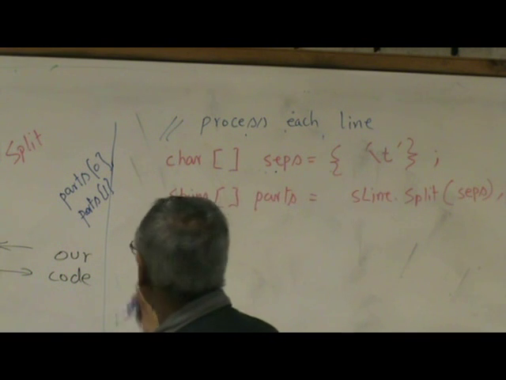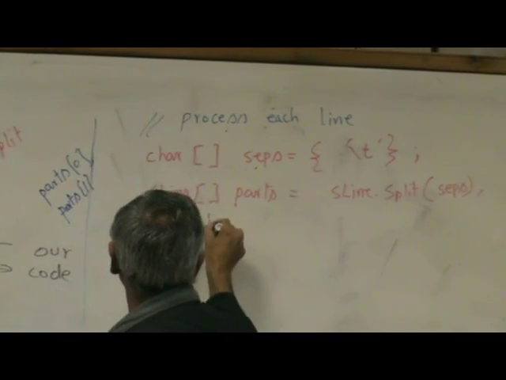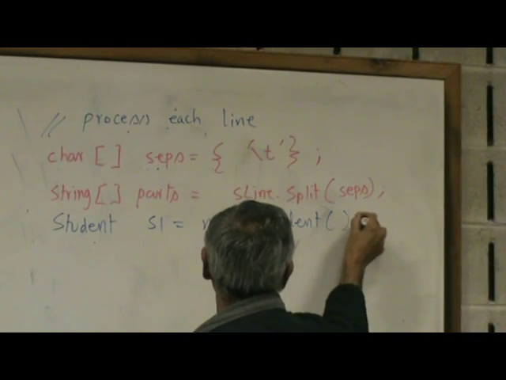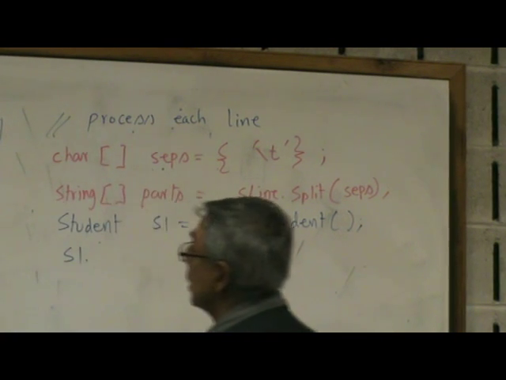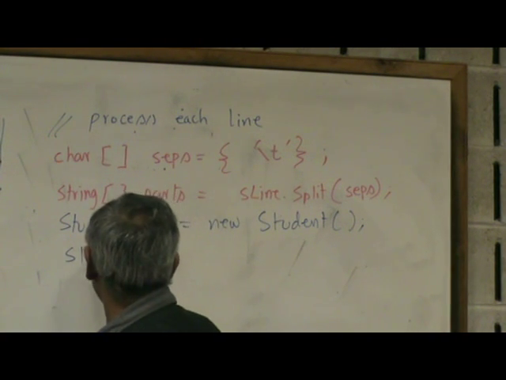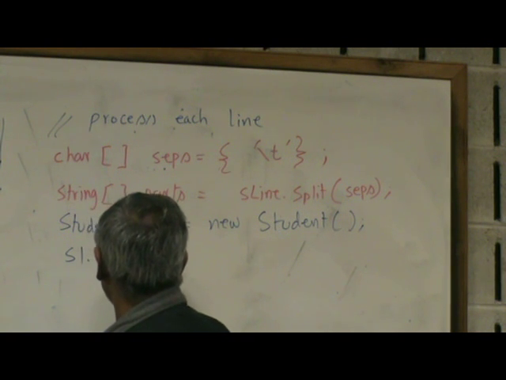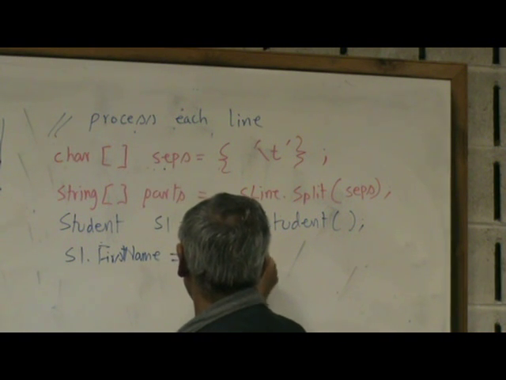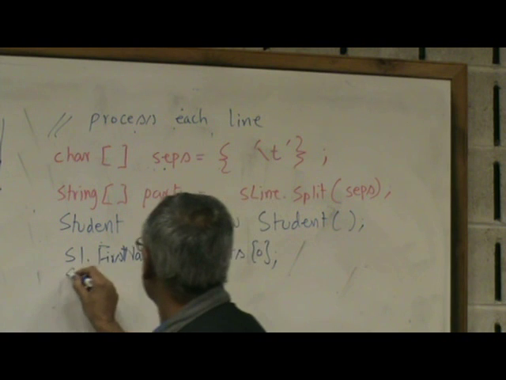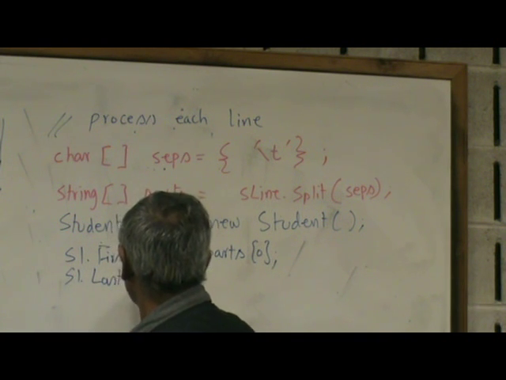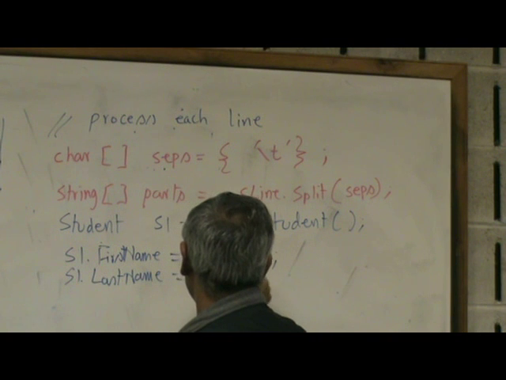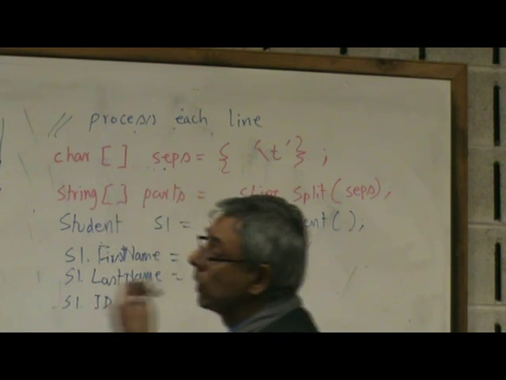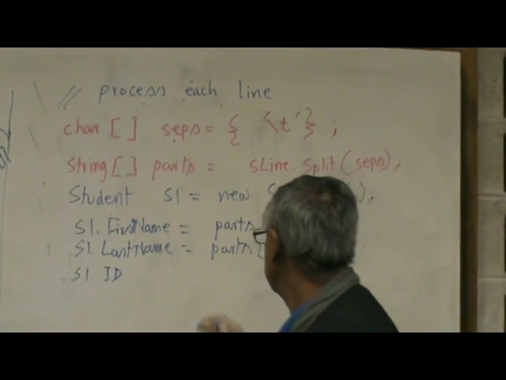So now let's pretend if we created a student class, Student s1 equal to new Student. Okay, and now we can say s1.FirstName equal to simply parts of 0. s1.LastName equal to, let's say, parts of 1. Okay, let's pretend the ID, which is the third field, happens to be an integer.